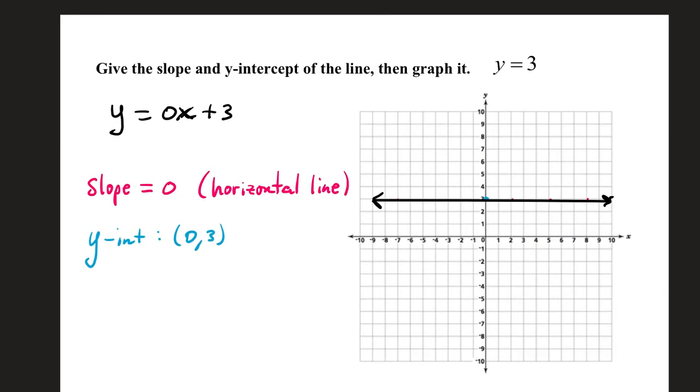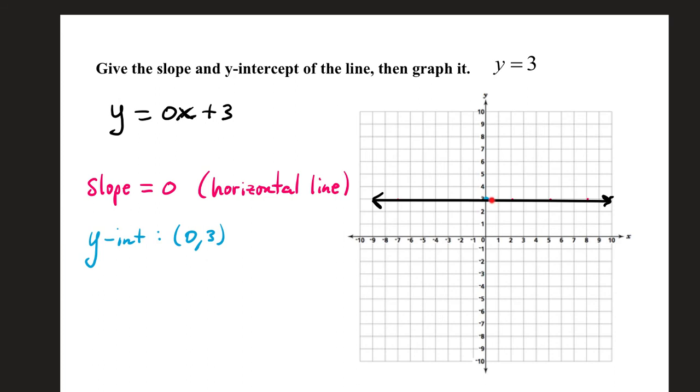If your equation only contains the variable y equals a constant, you can write that in the form y equals 0x plus 3, because all you really have to have is y equals 3. The slope being 0 tells us we're going to have a horizontal line that goes through the y-axis at 0, 3.